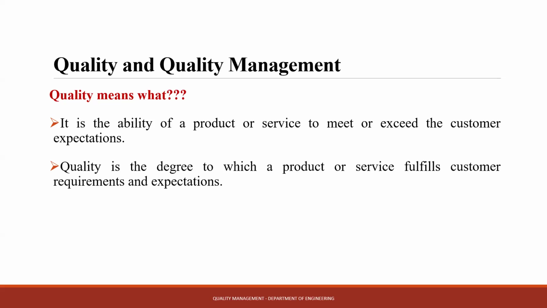So we can do both of these things using our product or service. That ability of our product or service to meet or exceed their requirement is what we mean by quality itself, right? So when you buy something, let's say in a grocery shop, you expect it to work properly, you expect that product to be reliable, and you also expect that product to serve its purpose well at the end of the day.